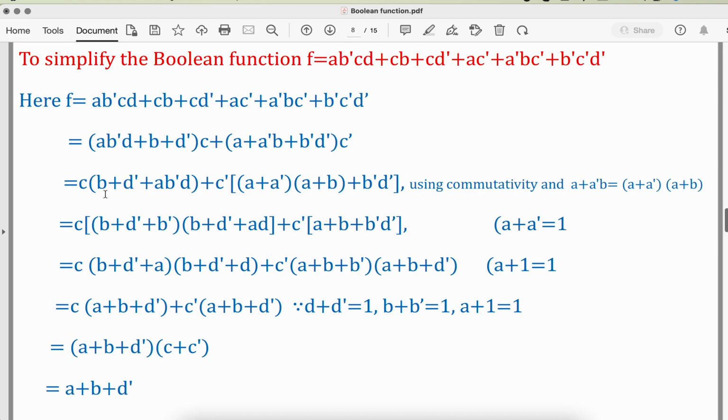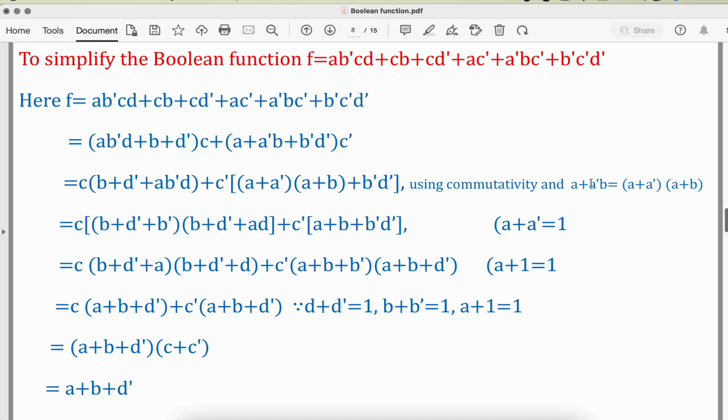Now again applying this here, b + d' can be compared with a, and this with ab', then we can write (a + a')(a + b). I will use it here. So (b + d') into b' and (b + d') into ad, which I have written by commutativity.